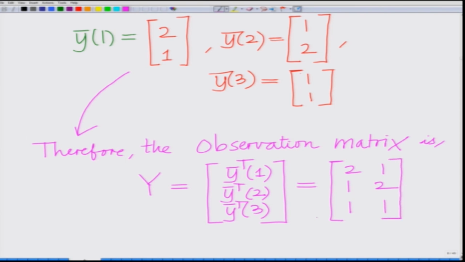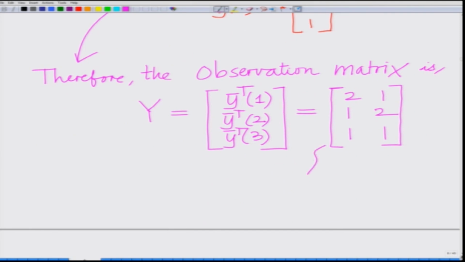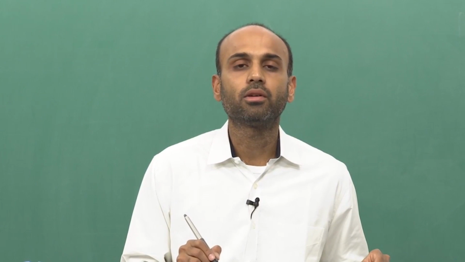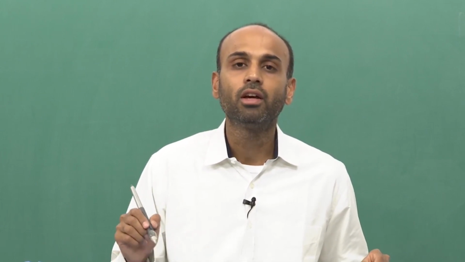This is your observation matrix, and remember this observation matrix is N cross R, that is 3 cross 2, where N equals the number of pilot vectors and R equals the number of received or observed vectors. So, this is an N cross R matrix, corresponding to the MIMO system model that we have derived earlier.